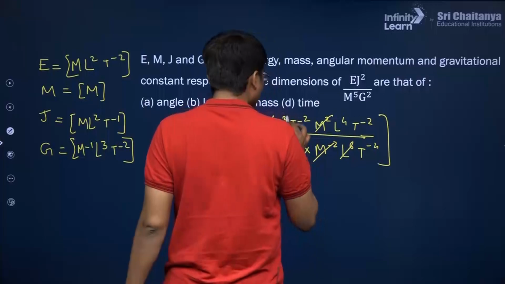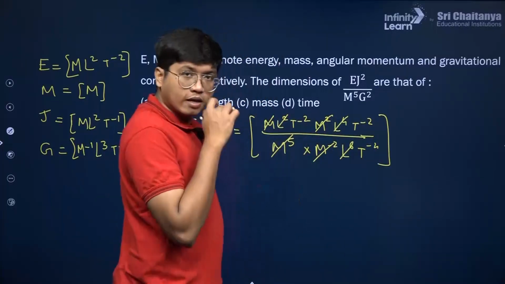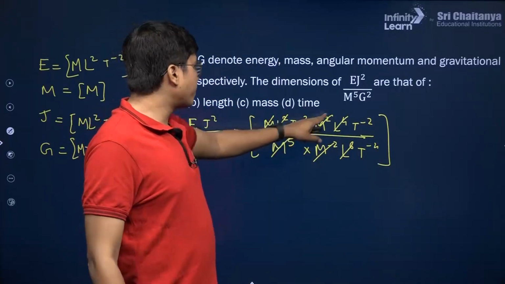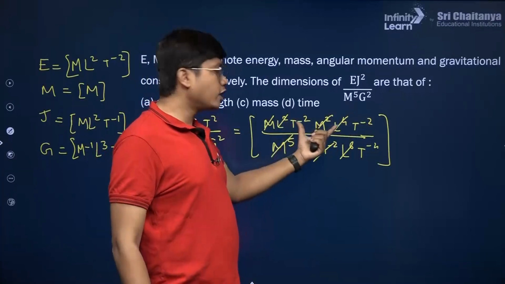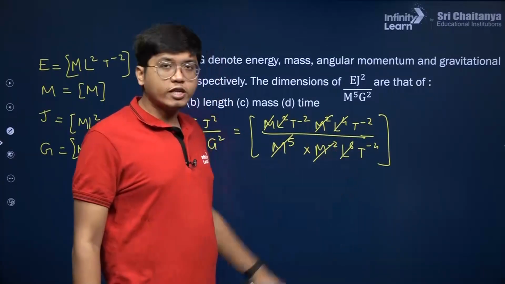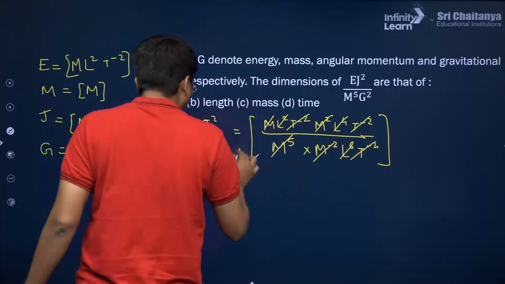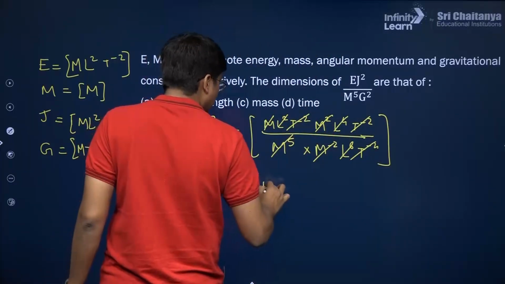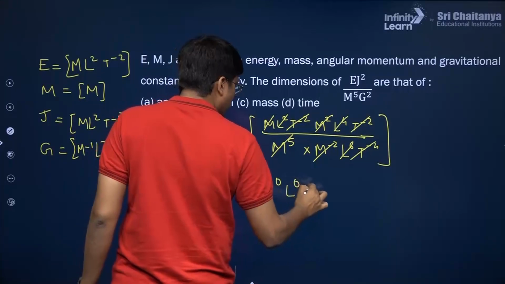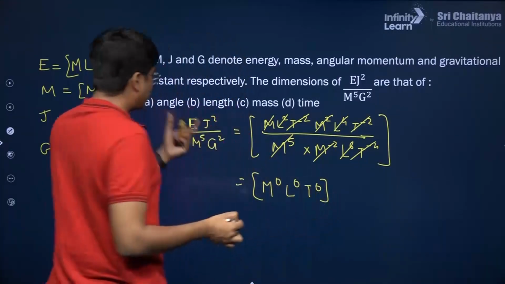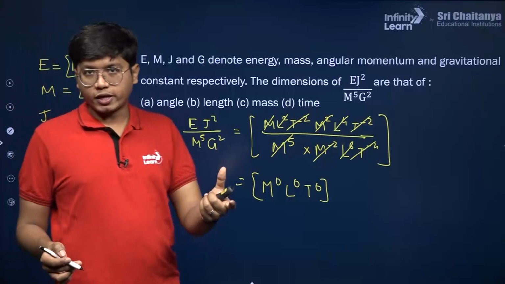So even the lengths cancel out. And what about the time? We have T⁻² and T⁻², which is T⁻⁴ up top, and down below also T⁻⁴. So even the times cancel out, and our dimensions are just m⁰ L⁰ T⁰, which means this is a dimensionless quantity.